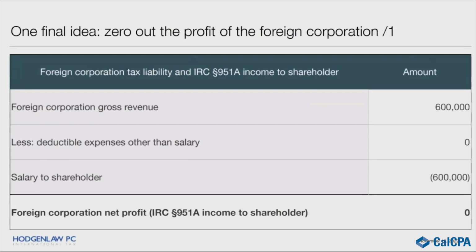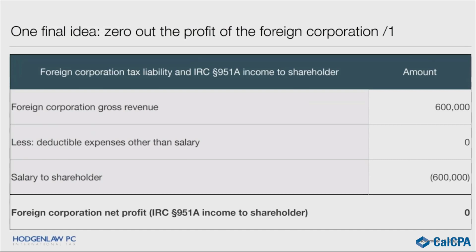And the loan-out corporation would zero out its income by paying $1 million salary to the actor. And in the bad old days, we're doing that because we're trying to stick away money in pensions and stuff like that. So what about here? Let's play the same game here. We have 600,000 of gross revenue. We have zero deductible expenses other than salary.